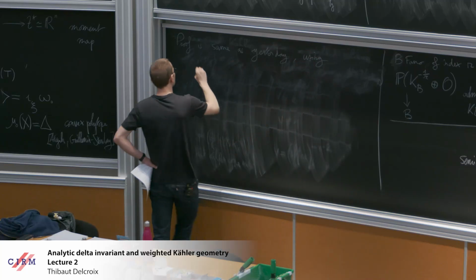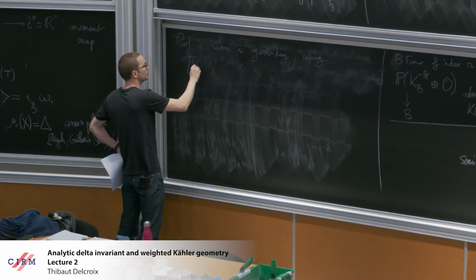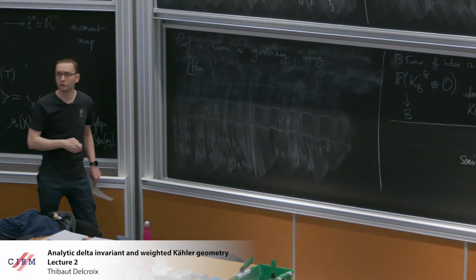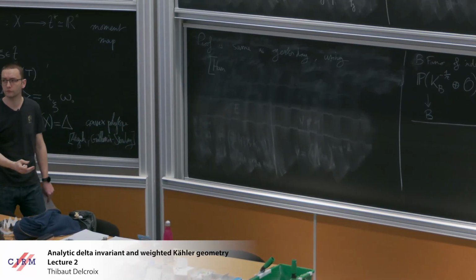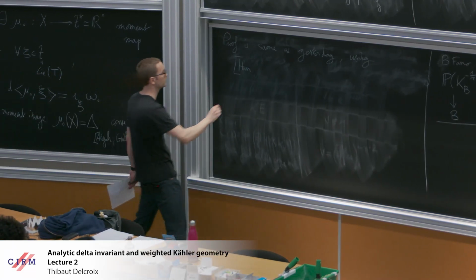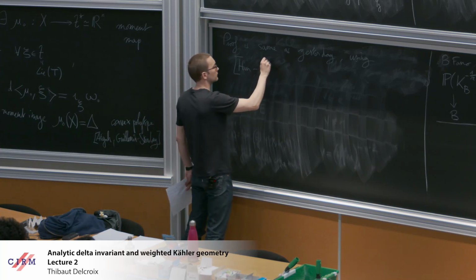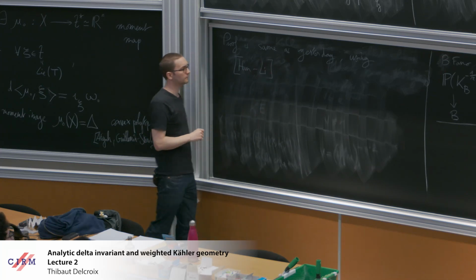We have to use a version of Tian's theorem to go from coercivity of a Mabuchi functional to existence of a Kähler-Einstein metric. This is due to Han and Li.